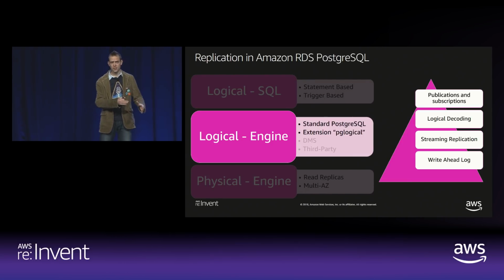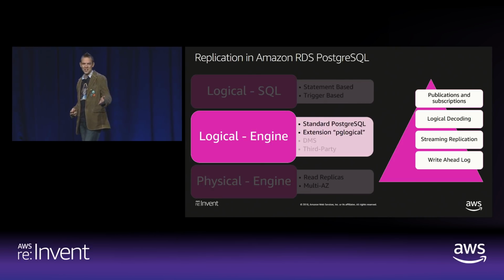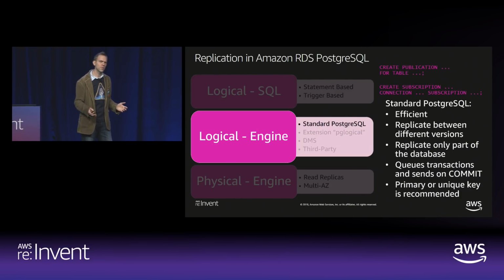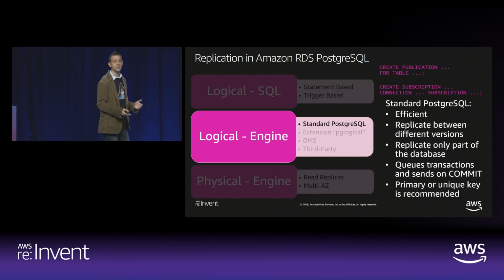In Postgres 10, the logical replication that was introduced there is, again, built on the log for efficiency, streaming replication, replication slots, and the logical decoding framework that's been in there since 9.4. So if you're looking for a logical replication solution in Postgres today, it makes all the sense in the world to start by taking a look at what's baked inside of the engine.